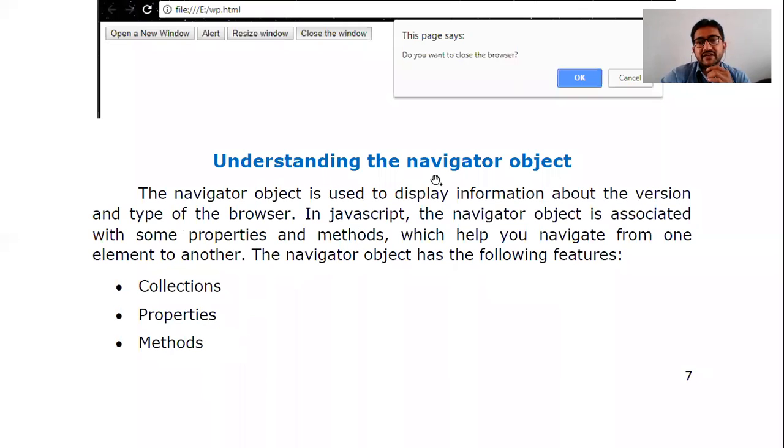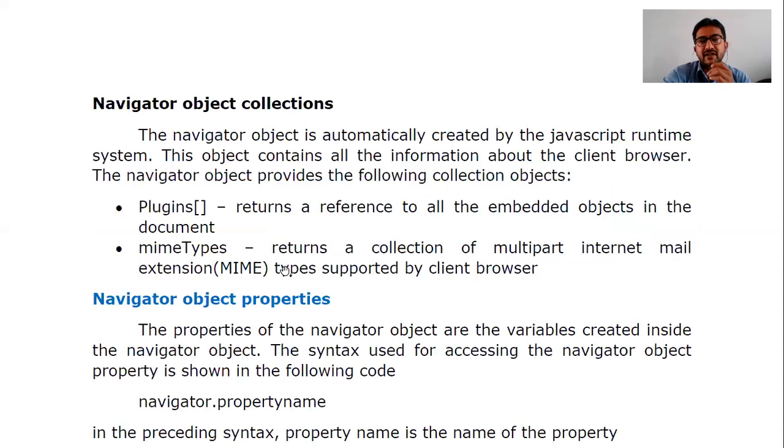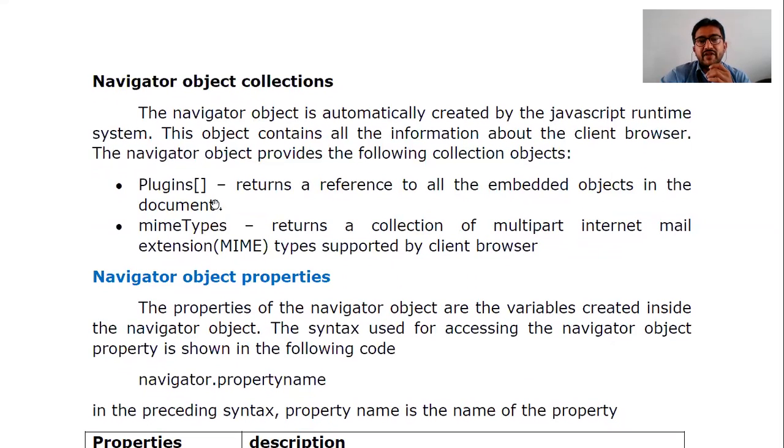What is the purpose of navigator? It is used to display information about the version and type of the browser: what type of browser you are using and which version. We use navigator objects for that sort of information. Coming to the collections in the navigator object, we have plugins and MIME types, where MIME stands for multipart internet mail extension. These are the two collections available.